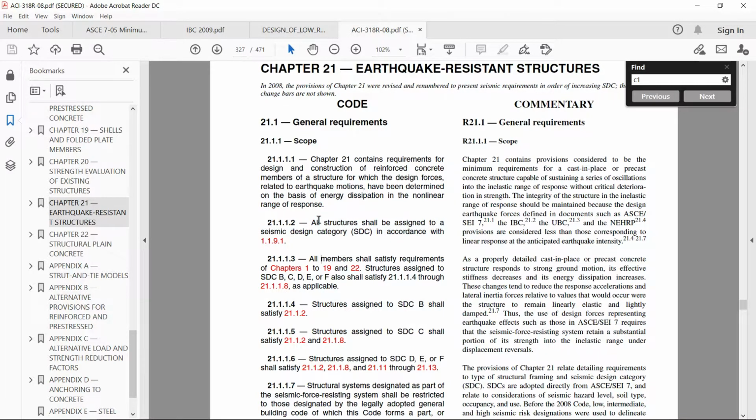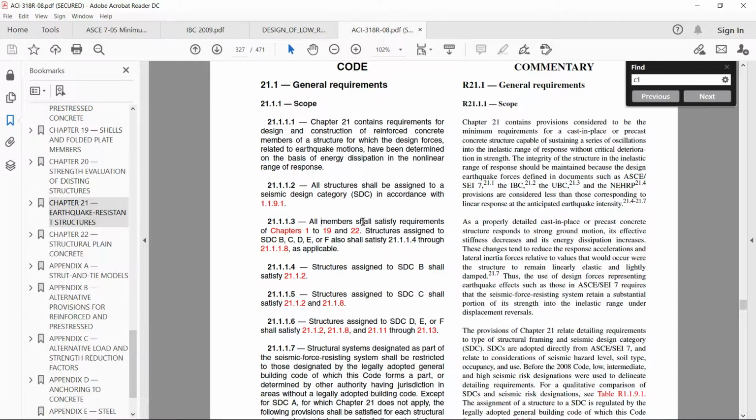Okay, and then all members shall satisfy requirements of chapters 1 to 19 and 22. Structures assigned to seismic design category B, C, D, E or F shall satisfy paragraphs 21.1.1.4 through 21.1.8 as applicable.